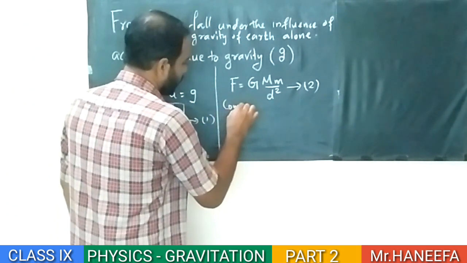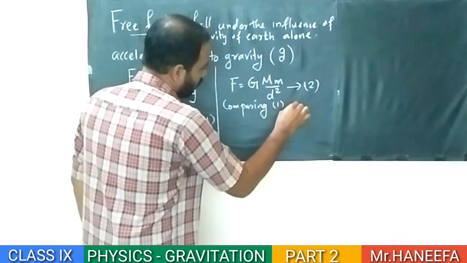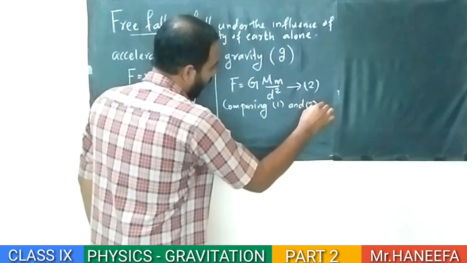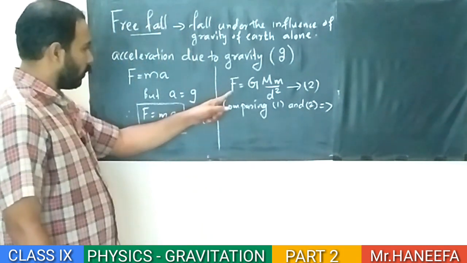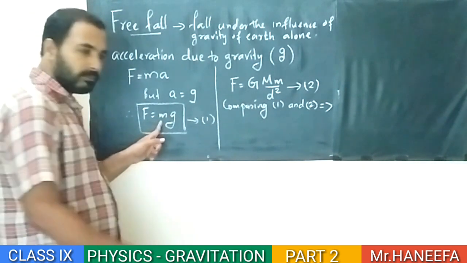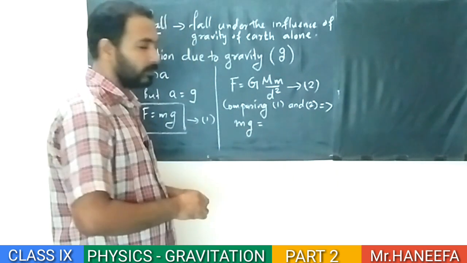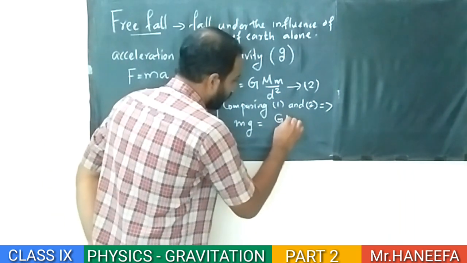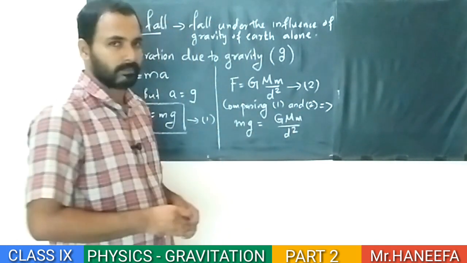So, comparing equation 1 and 2, we get a new equation. What is the value of F? F equal to mg. So we get mg equal to G Mm by d square.